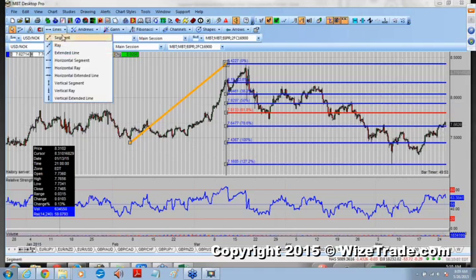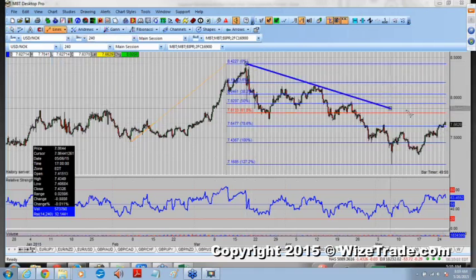Decent rally back. Let's take a look at this downtrend line here, and this is what I think is really important.